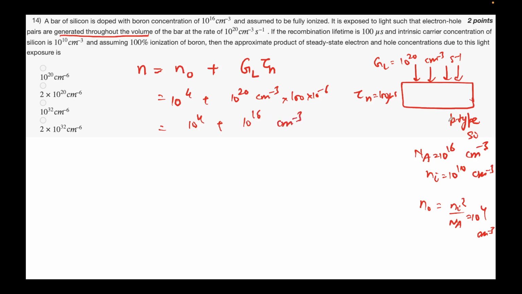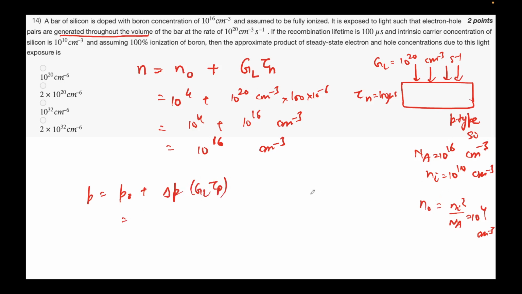As you can clearly see, this is coming out to be 10 to the power 16 cm minus 3, because the background concentration of electrons is very low in a p-type semiconductor, which we know. So the steady state electrons that are being generated due to shining of light are at 10 to the power 16, much higher than the background concentration of electrons, right? Now try to find the value of p, which will again be p naught plus this excess delta p, given by GL times tau p.